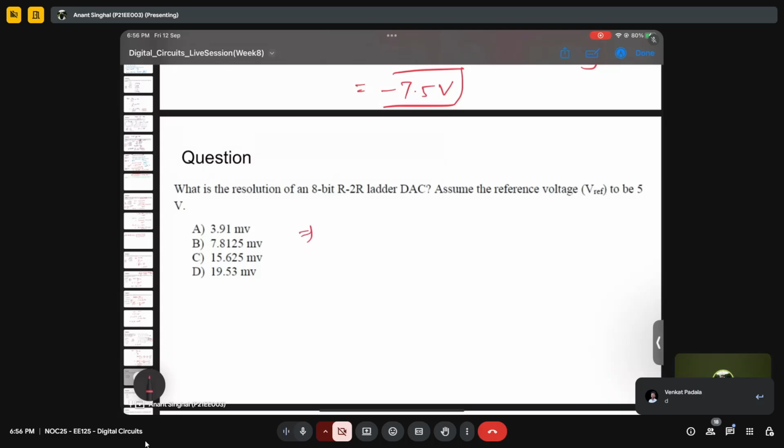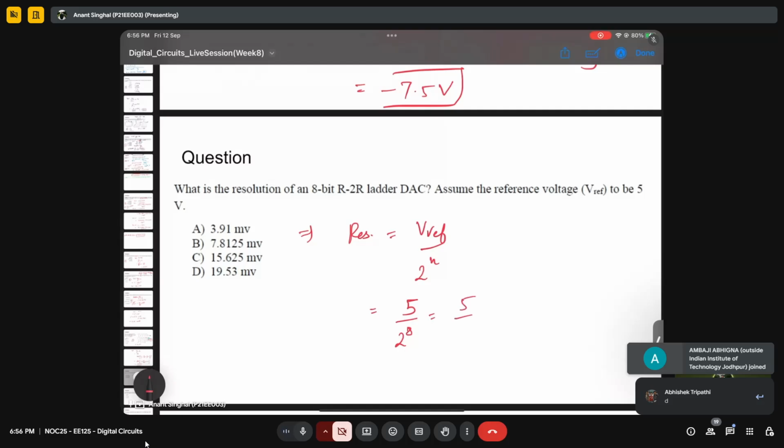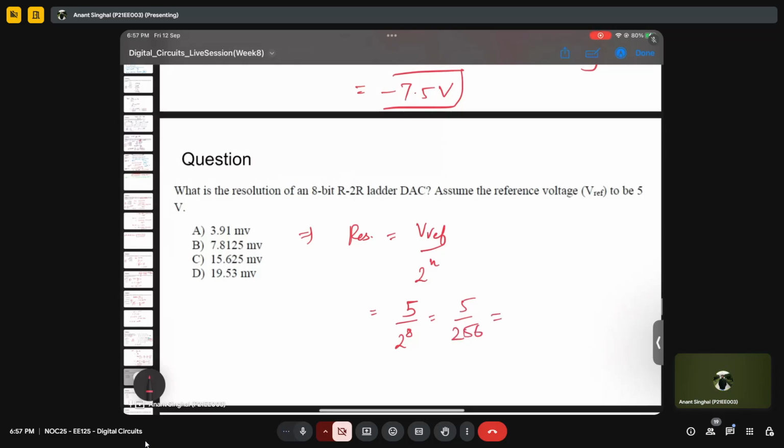Yeah, it's very straightforward. The resolution is nothing but Vref by 2 raised power n for this R2R. Vref is given as 5, so 5 by 2 raised power 8, 5 by 256. Is it D only?